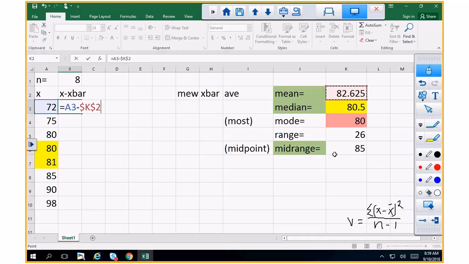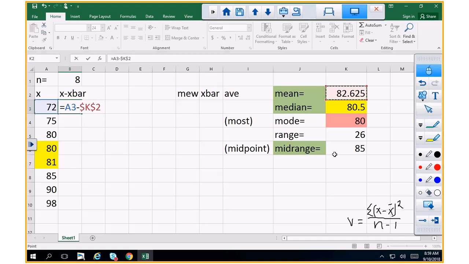Okay? If I'm to copy this down, what does Excel do when you copy down? It takes the next one and subtracts what? The next one over here, 80.5. Then it'll take the 80 right here, and subtract what? 80. And then it'll take the 80 right here and subtract what? 26. So you've got to lock what you're trying to do.